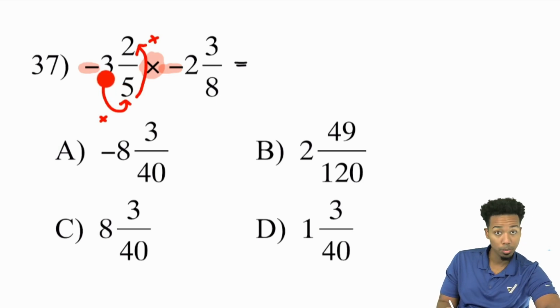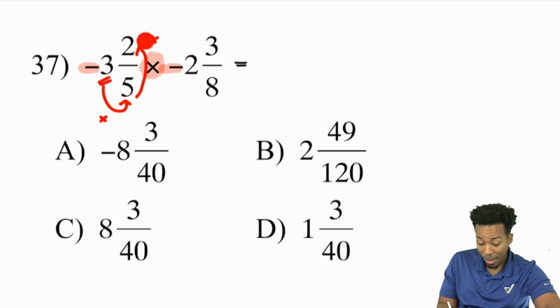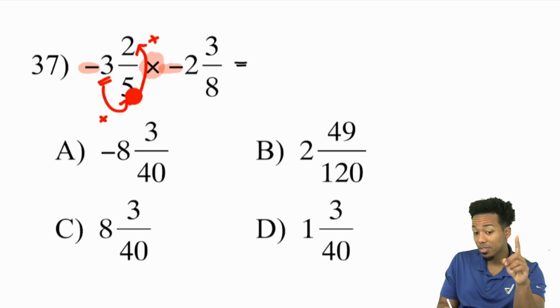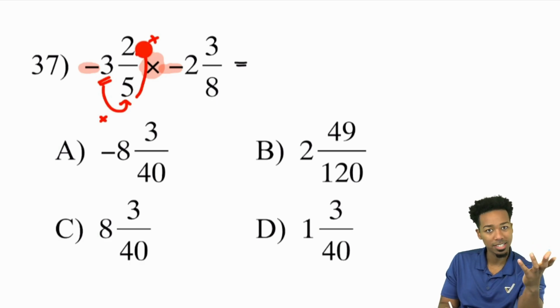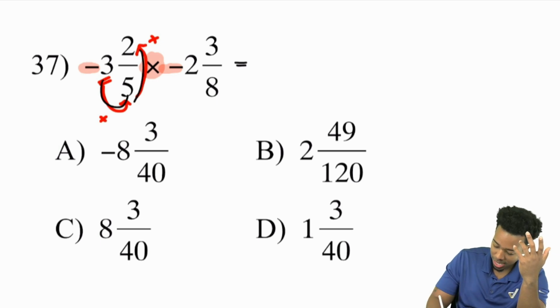We have 3 wholes and 5 is the whole. So 3 times 5 is 15. Then you add it back to the top and you get 17. You multiply these together, then you add it back up top. So you're going to have 17 over 5.